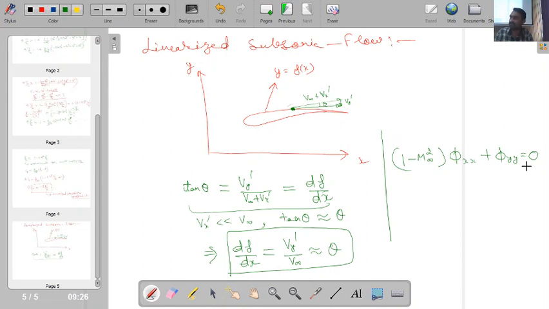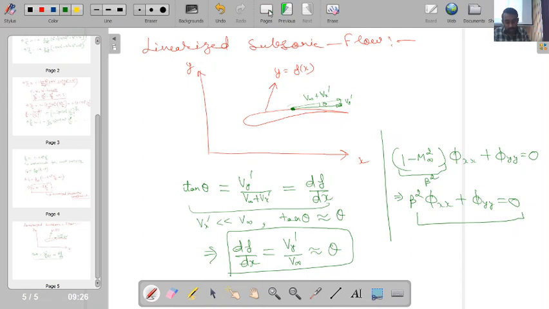So this is the equation which we derived in the previous lecture. So let's call this entire term 1 minus M infinity square as nothing but beta square. So I can say my equation will be beta square into phi xx plus phi yy equal to 0. Okay, so this is nothing but my governing equation.